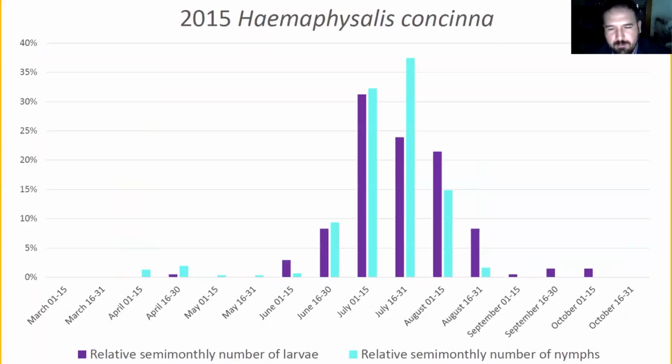In the case of Haemaphysalis concinna, the situation is a little more complicated, as it is a thermophilic tick species, so it was expected that we would find it during the summer months. However, they were by far the most abundant during July and August, which is in fact the most active period of the most common hosts. So there might be some bias introduced by these three avian host species that I introduced before.